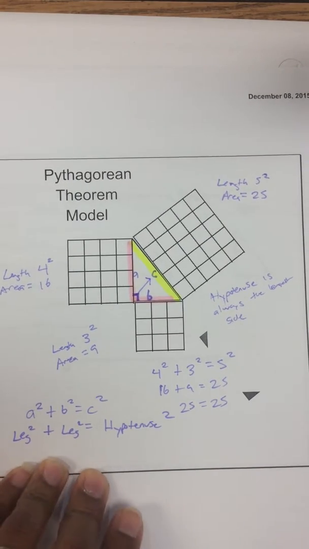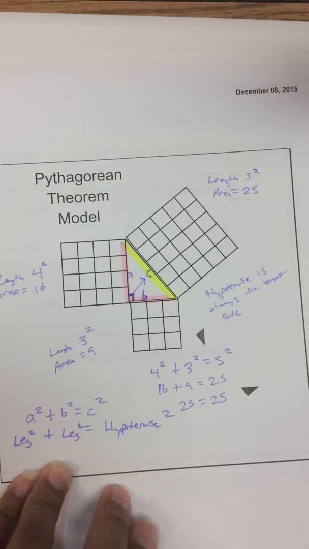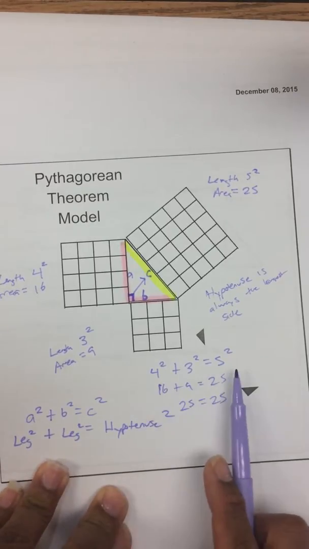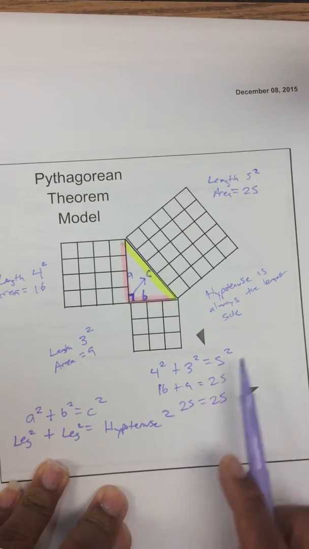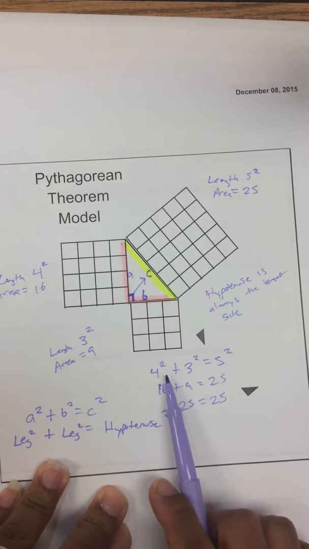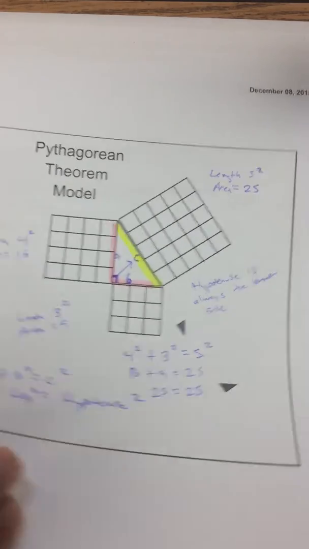Okay? Now, let's take a look at some more notes. And also, I want to stress to you guys, I'm going to talk a little bit more about this when you put this in the calculator. It automatically solves everything for you. Okay?